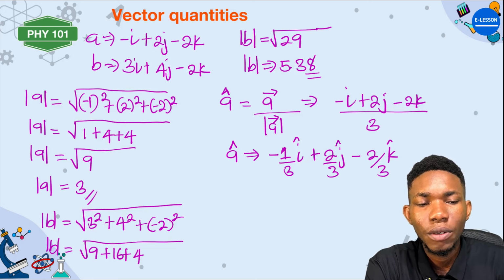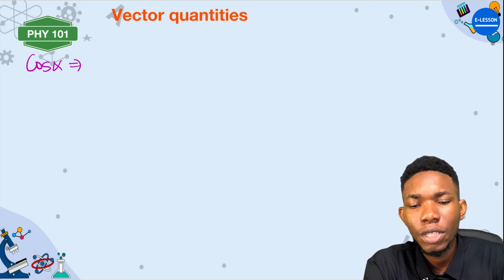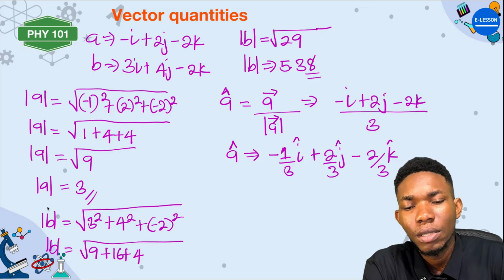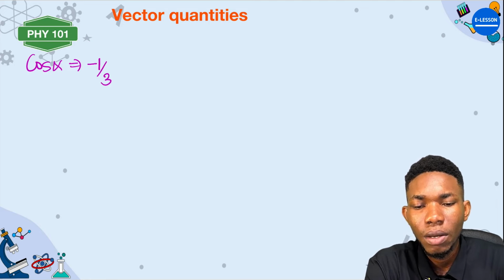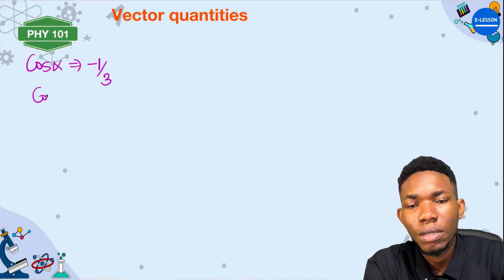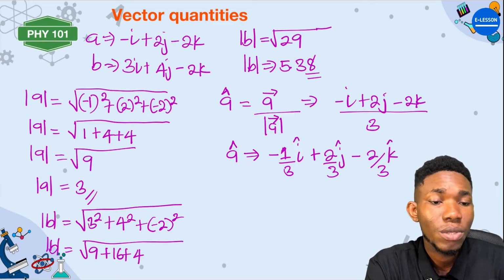So the direction cosine for A will be cos alpha, which is minus 1 over 3. The other one will be cos beta, which is equal to 2 over 3. That is what they mean by direction cosine.